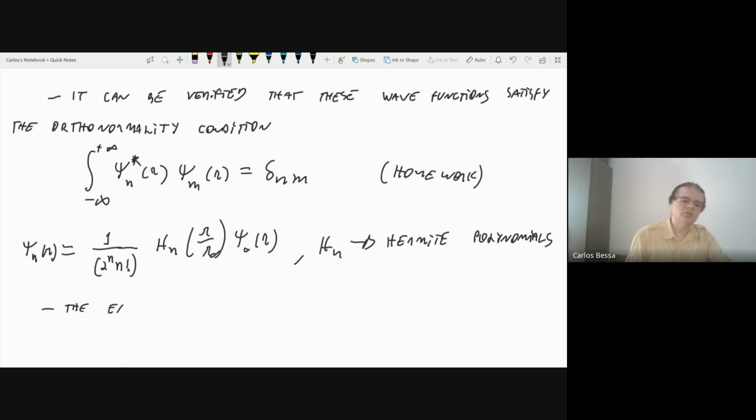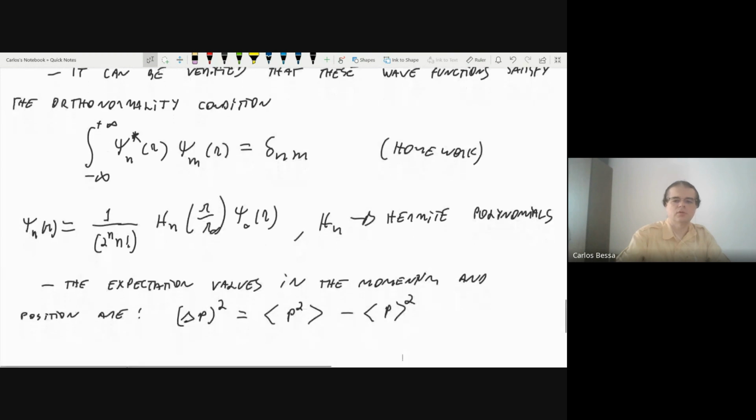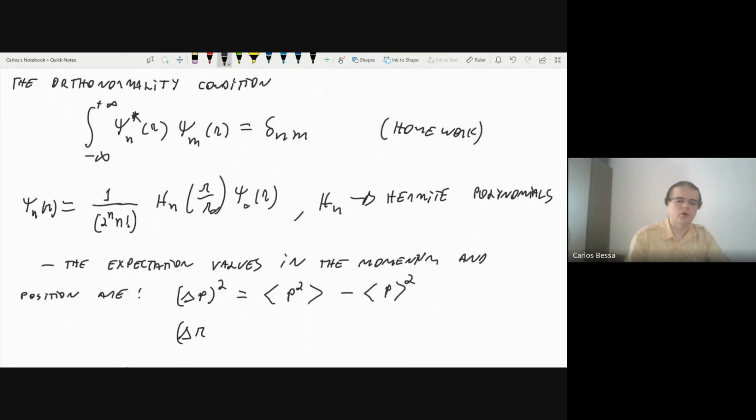So the expectation values in the momentum and position are: in the momentum, delta p squared is the expectation of p squared minus the expectation of p, squared. And the same for r squared.